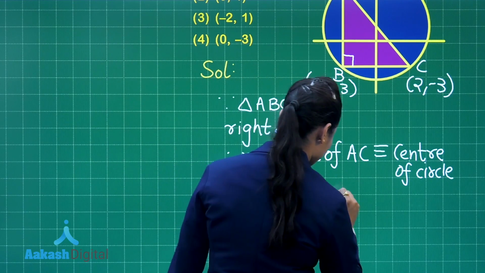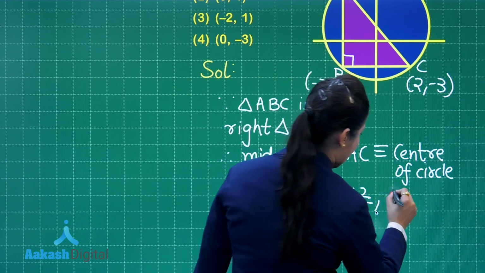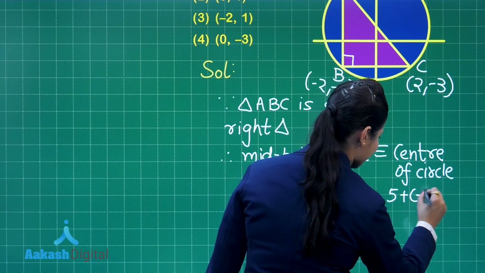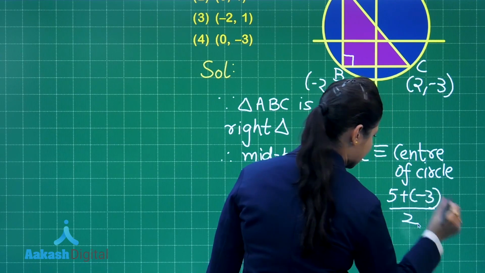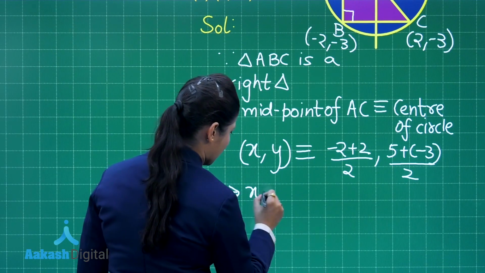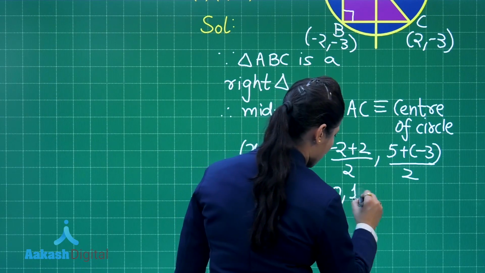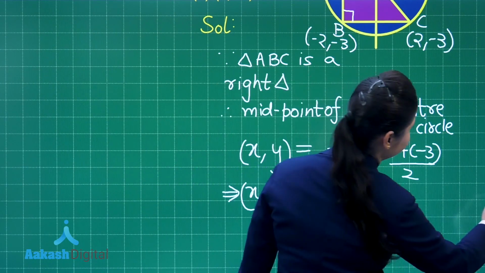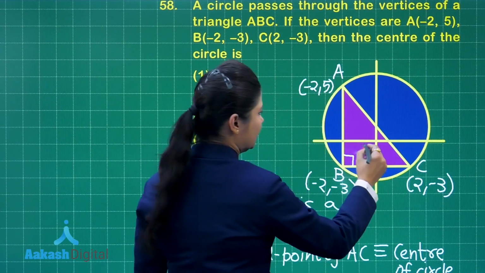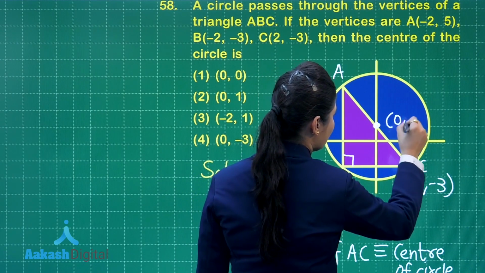So, I have minus 2 plus 2 upon 2 as the x coordinate and 5 plus minus 3 upon 2 as the y coordinate. When you simplify this, you get the respective x, y coordinates of the center equal to 0, 1. So, I could write that in this figure, the center of the circle will have the coordinates 0, 1.